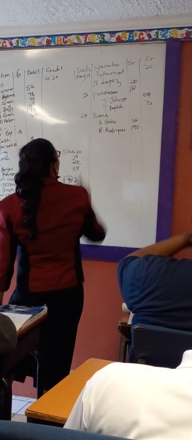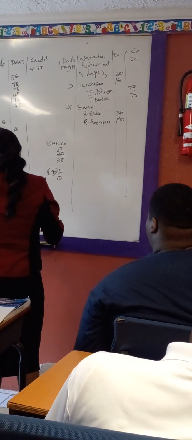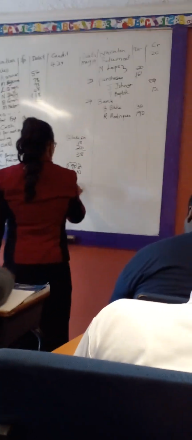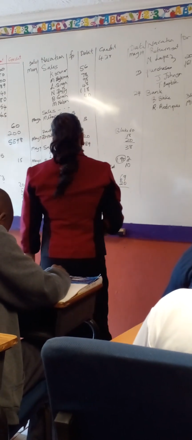May 19th, $20. What was the total over there? 69, yeah, that was 69. So it's $69 and we have to subtract that 20. So that is going to leave us with 49.